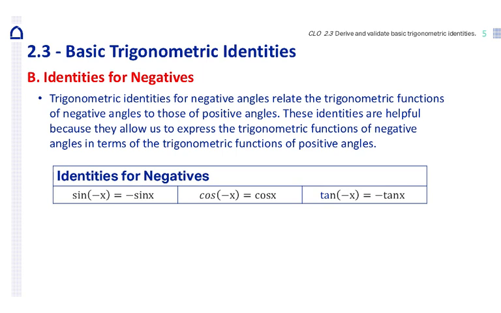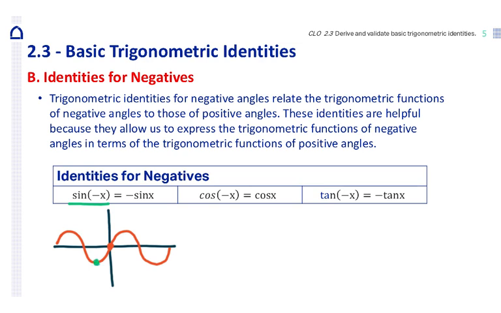Okay, there's another set of identities to do with negatives. And just very quickly, I'll explain a little bit. If we remember what the sine graph looks like, it starts at (0, 0) and moves in this wave pattern. So this expression on the left, sine of negative x, they're saying if you input a negative x value, what's the sign going to be?